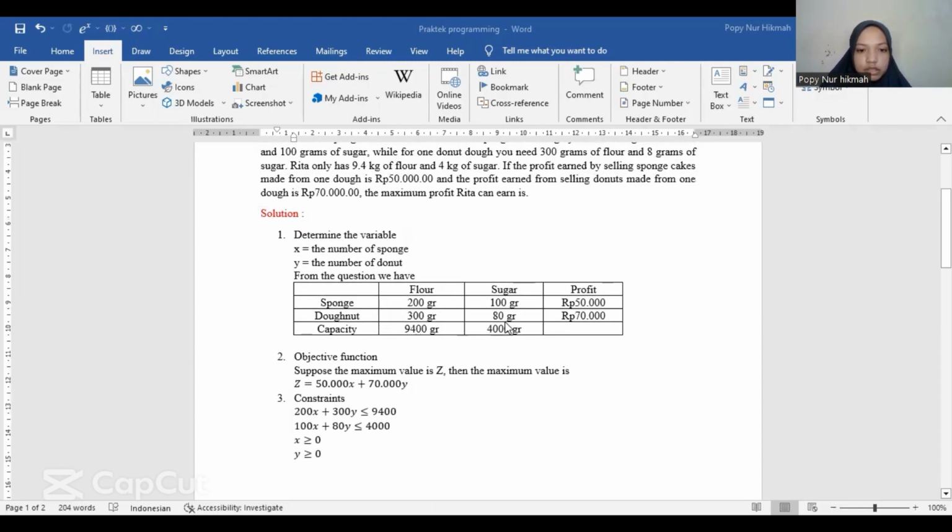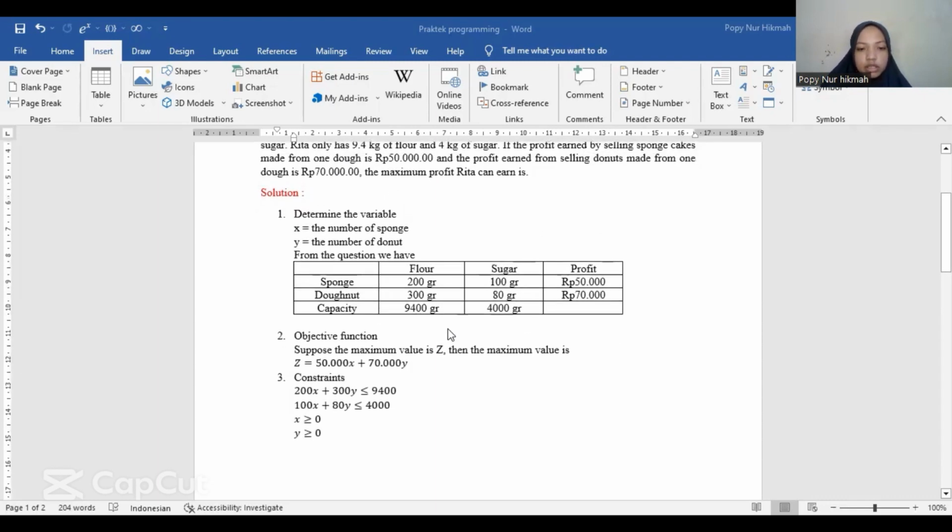From the problem, we can determine the objective function. Suppose the maximum profit is Z, then Z is equal to 50,000x plus 70,000y.